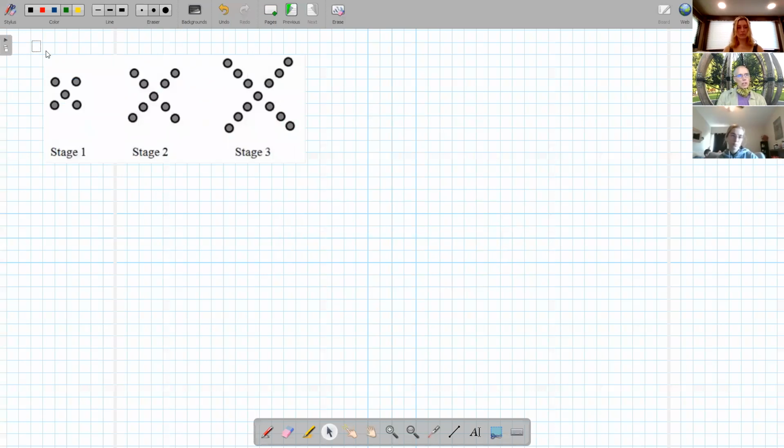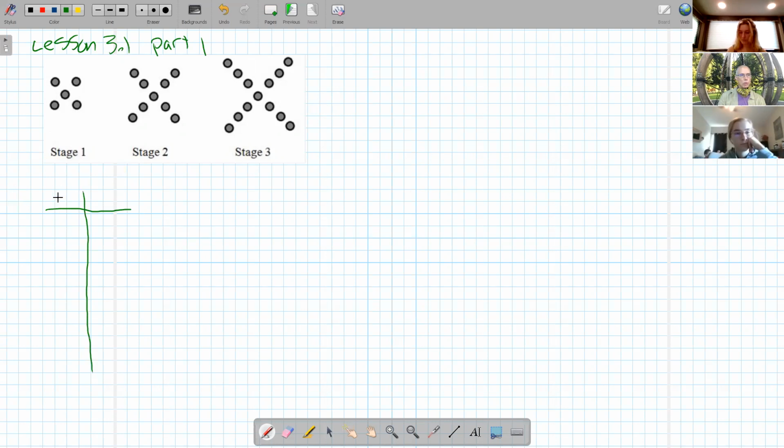So this is lesson 3.1, part 1. And I'm going to right away turn this into a table like the one shown in the problem, where I have the stage number 1, 2, 3, 4, and so on, versus the number of circles or dots, whatever you want to call them.